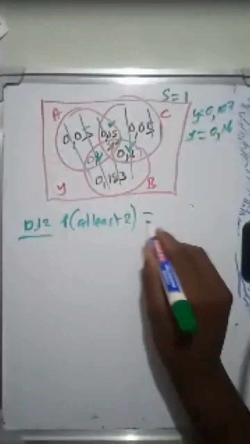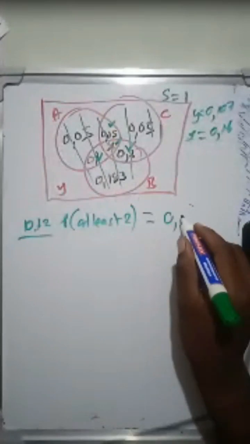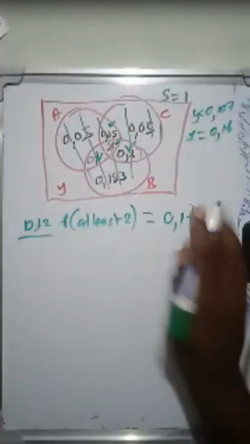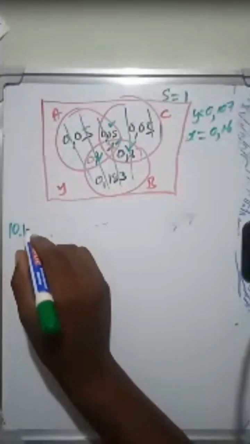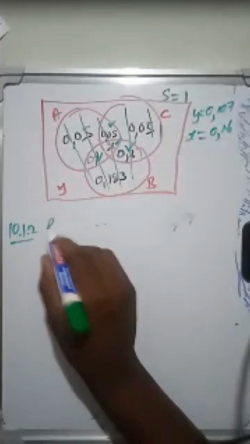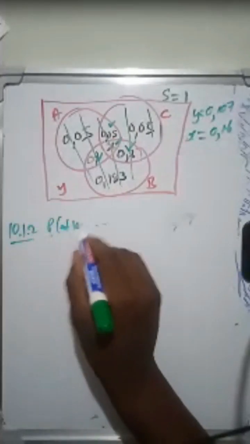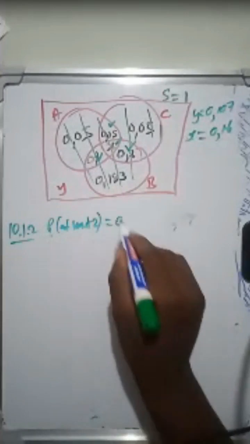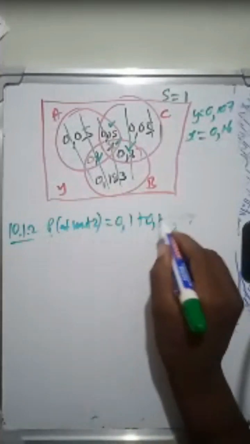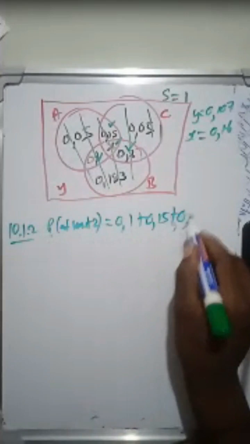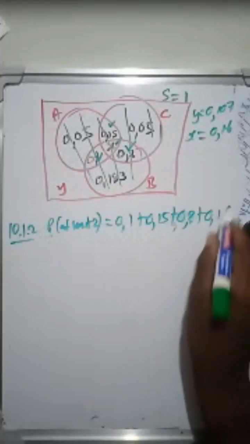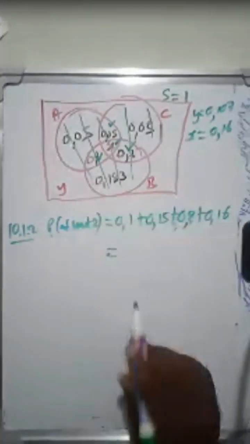So that is going to be equal to 0.1 plus 0.15 plus 0.2 plus 0.16, which is X. What do we get?